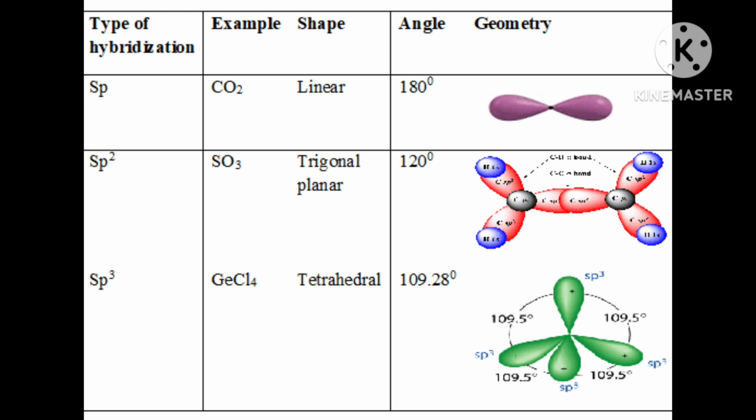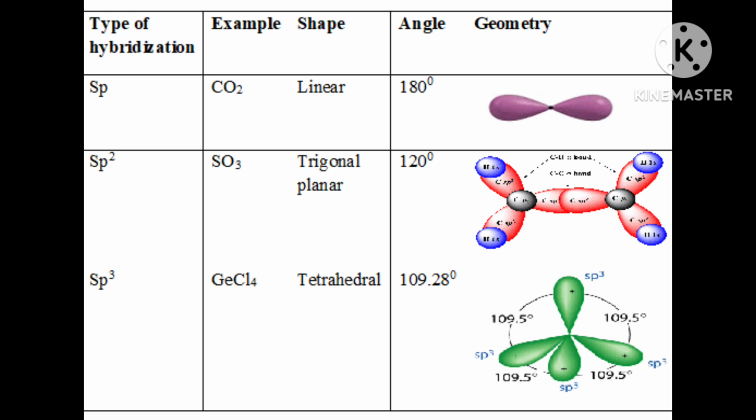Then I told you, sp means linear. S and P, only two orbitals are there, S and P. Then this will be a straight line. sp, already told you, linear.